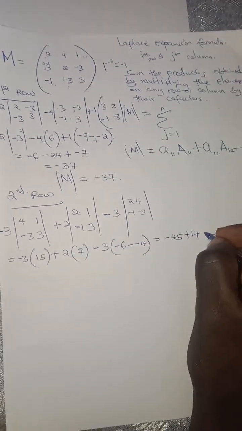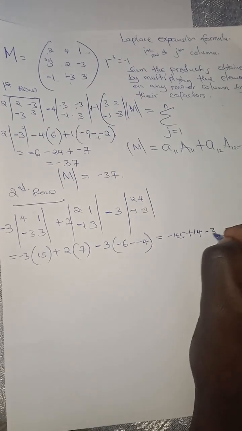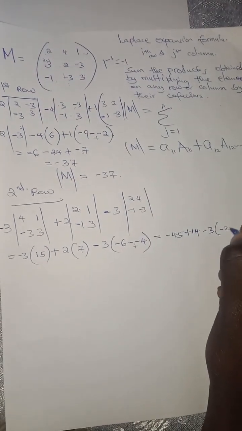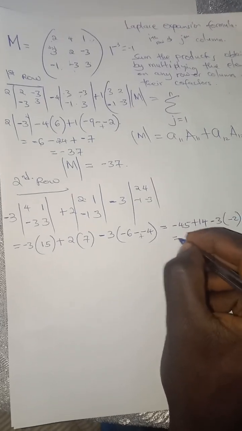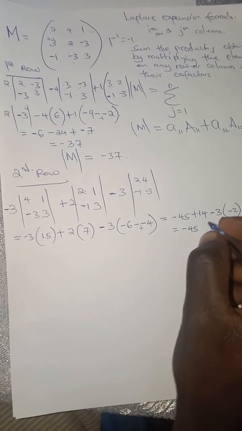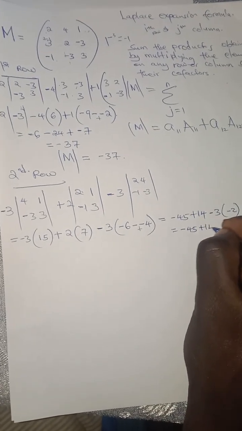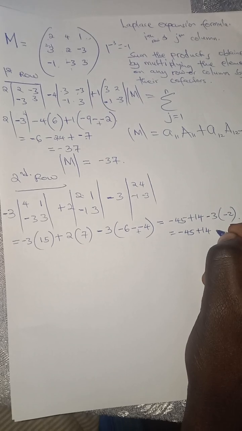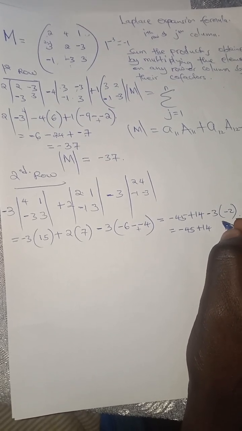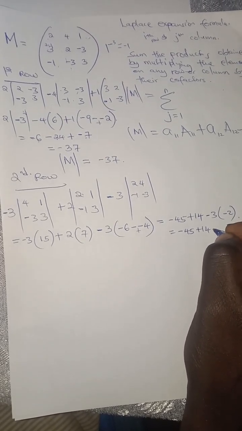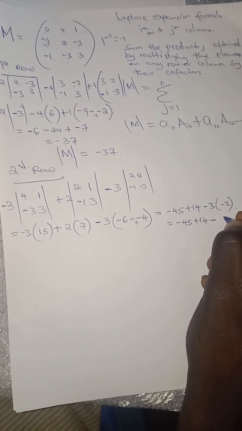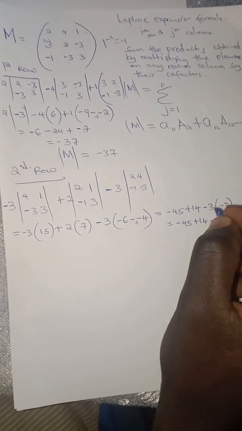Then negative 3 into this one will be a plus. That is negative 2. Then we'll have negative 45 plus 14, then minus 6. Why?